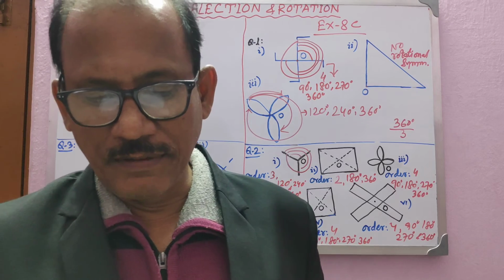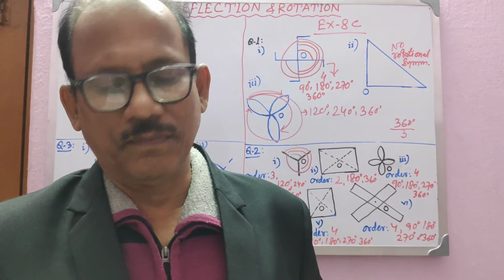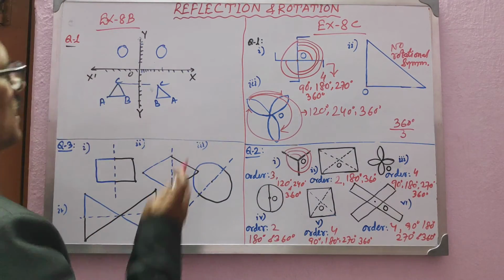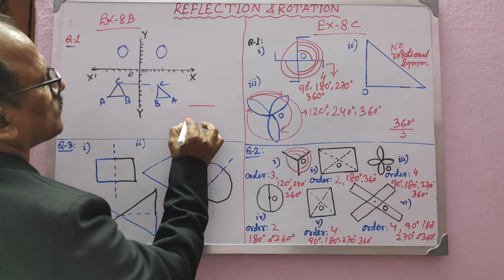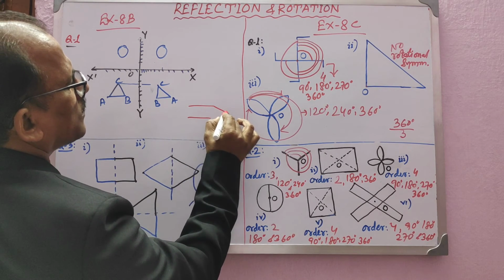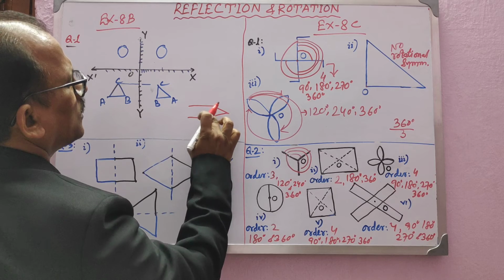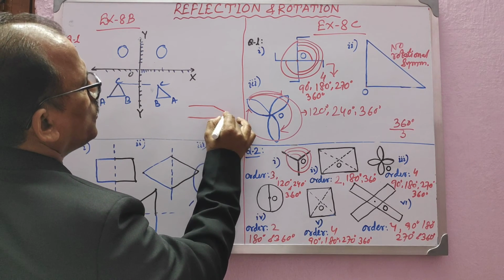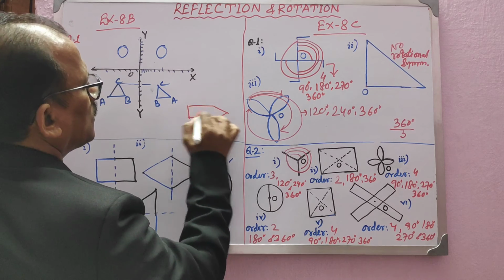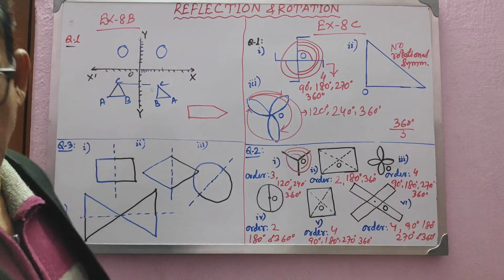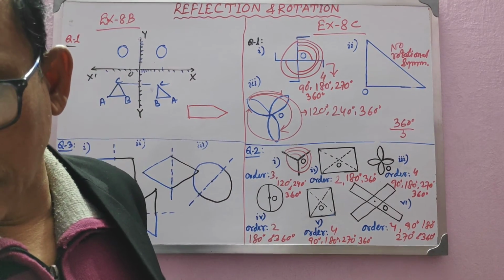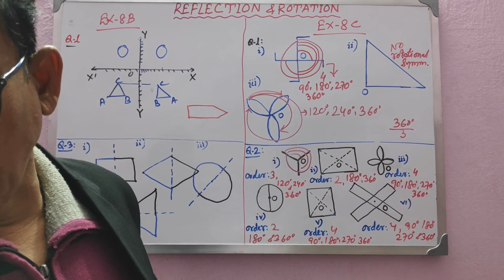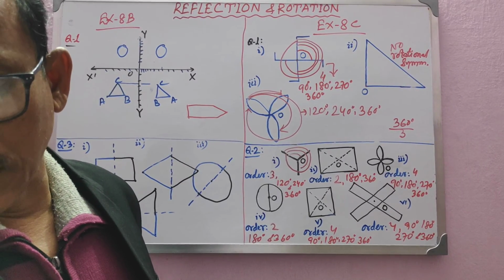Now a figure similar to this figure is given to you, and it is asked whether it has reflection symmetry about a line but no rotational symmetry.